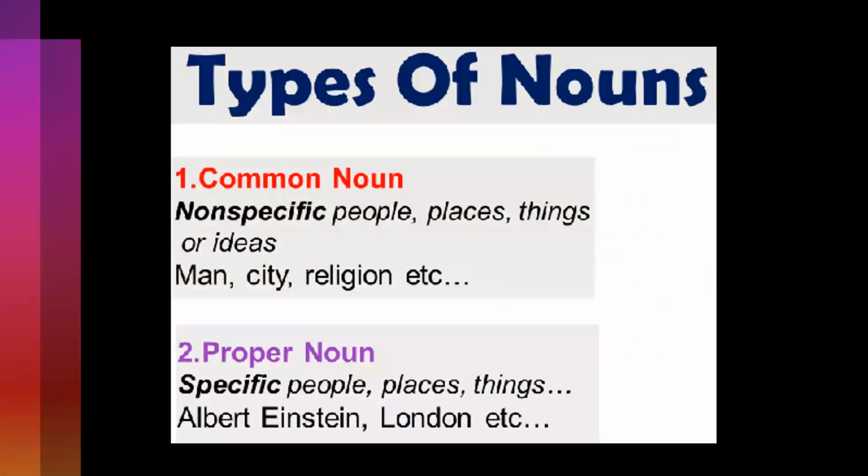The nouns could be common or proper. Common nouns are for non-specific people, places, or things or ideas. For example, man, city, or religion. But a proper noun is for specific people, places, or things. For example, Albert Einstein, London.